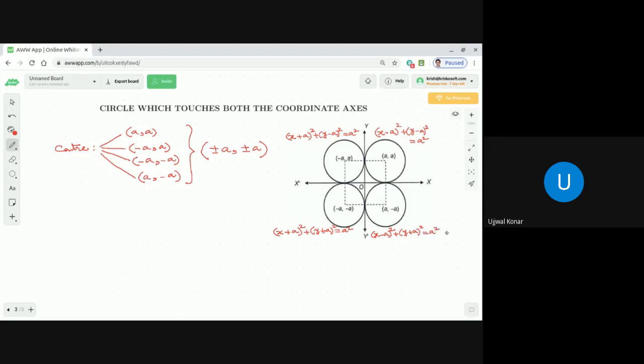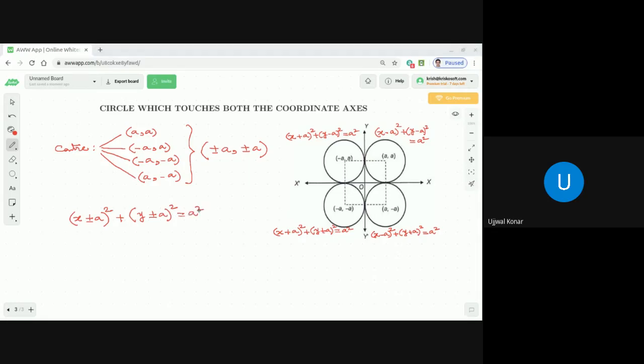So, dear students, these are the four different circles, and the way we can represent them in a simple manner is (x ± a)² + (y ± a)² = a².